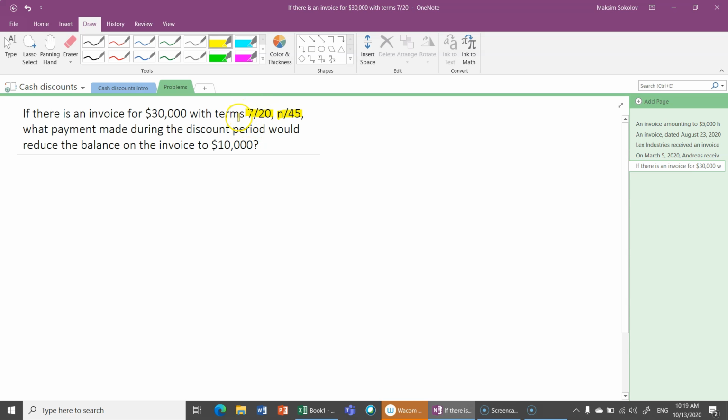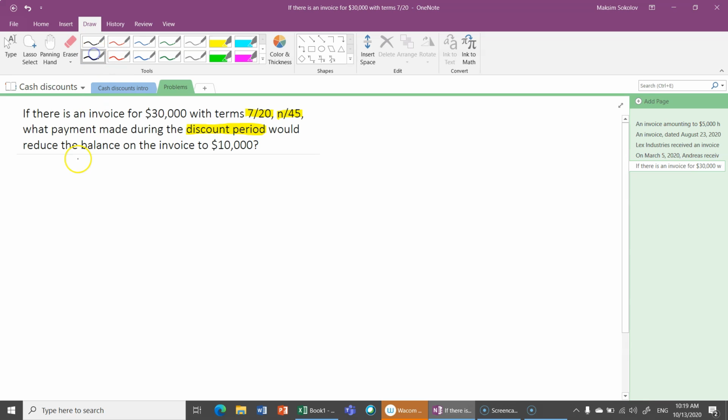That's because we're not even told when the payment is made, but we are told that the payment is made during the discount period, so it's really not relevant for us to know the date of the invoice or when the payment was made, because we already know that the payment is happening within the first 20 days, so 7% off would be given here, and we don't know that payment which must be made.